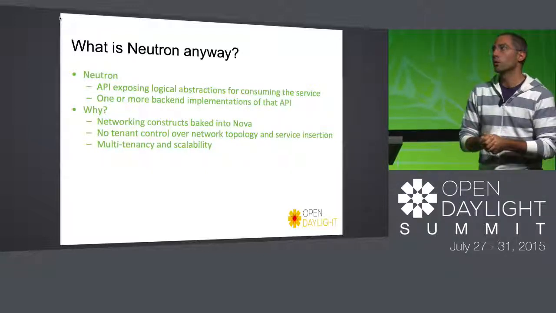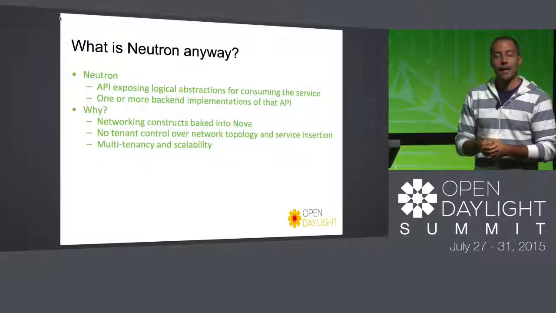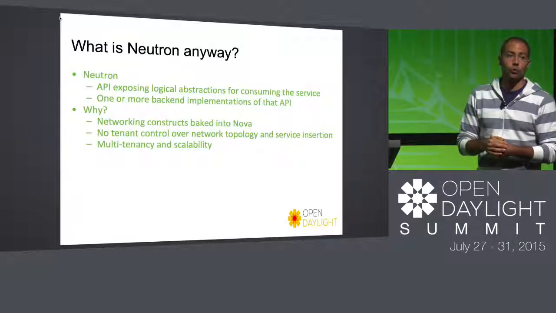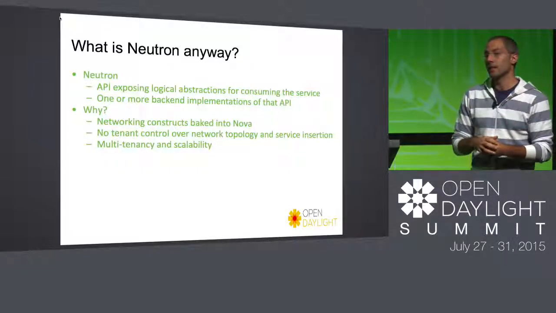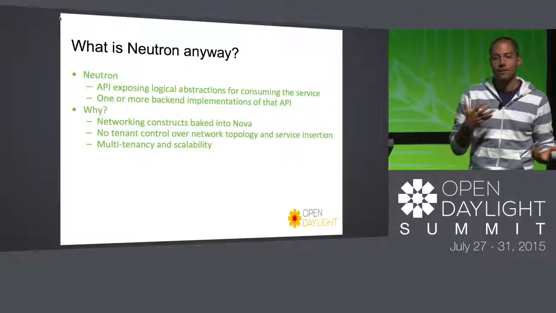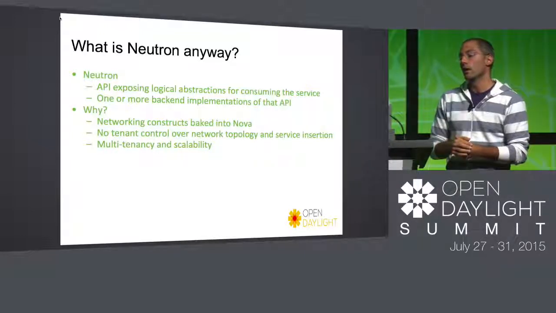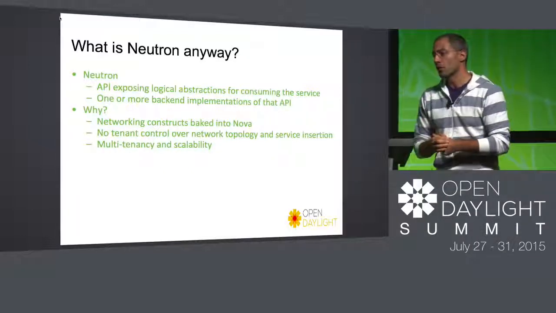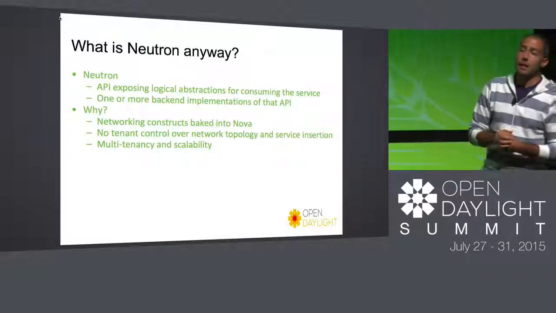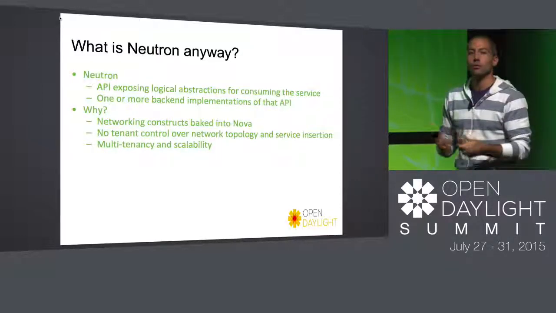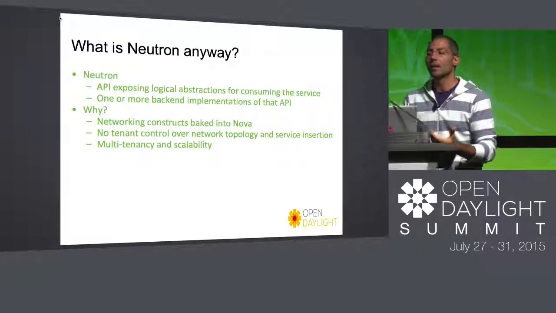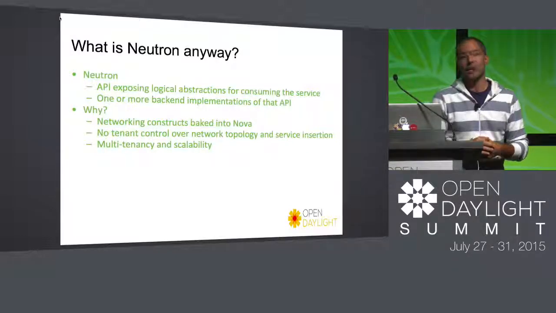Also, the Nova networking model was fairly limited in that it didn't allow tenants to have control over network topologies for deploying cloud applications, as well as providing higher level service insertions like load balancers, firewalls, VPN, and so forth. Your service of choice. The last point was multi-tenancy scalability, and by that I mean things like VXLAN. Those couldn't be easily experimented with in the context of Nova. So that's primarily the rationale behind why Neutron was born.